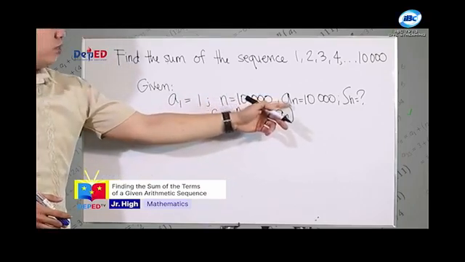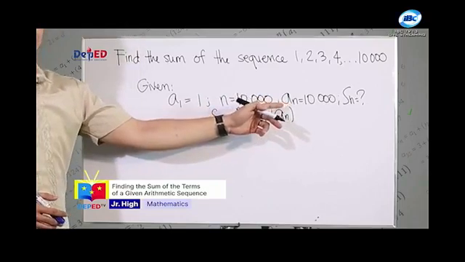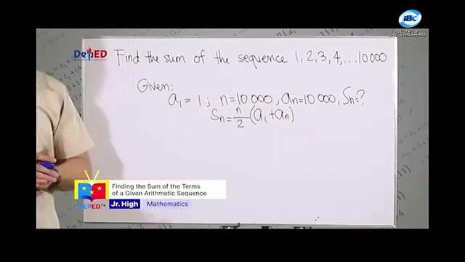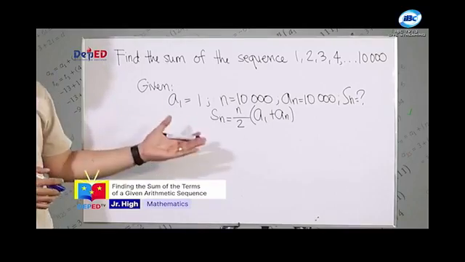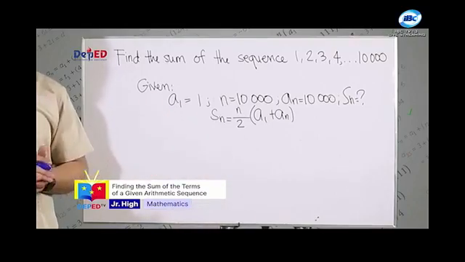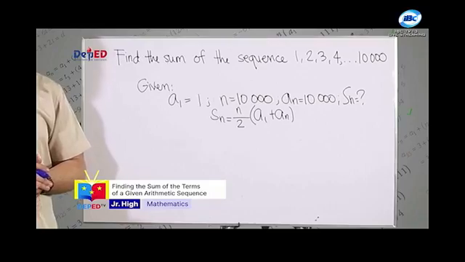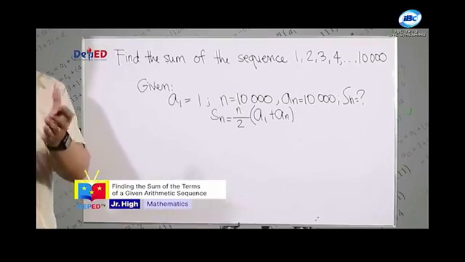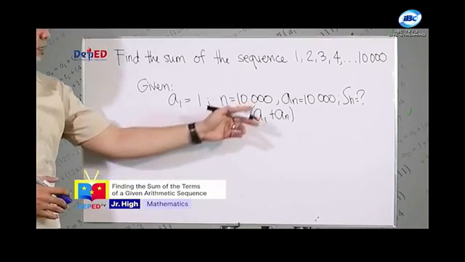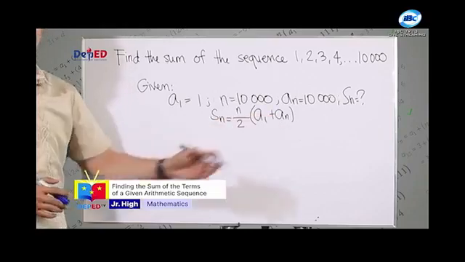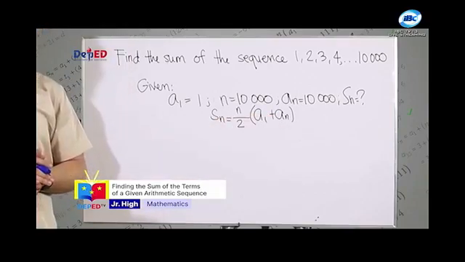Our a sub n is equal to 10,000, and we are looking for s sub n. Also, notice that the first and the last term are given, so we will use the formula s sub n is equal to n divided by 2 times a sub 1 plus a sub n.